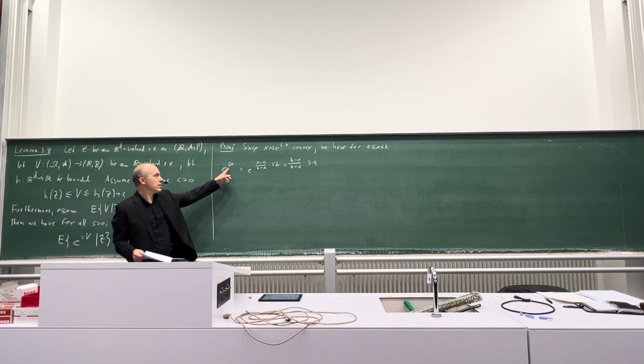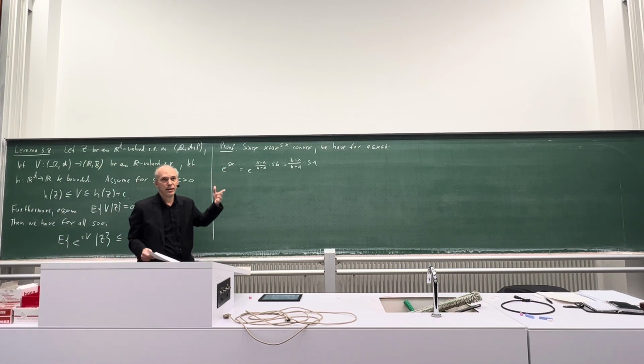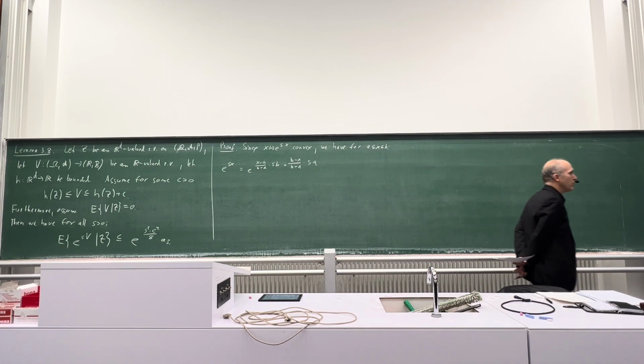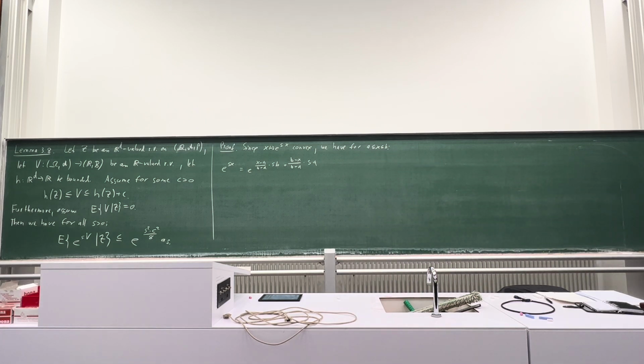So I have written this s times x in a complicated way as a convex combination, and then you know that for a convex function, the function value at some convex combination of the inputs is less than or equal to the convex combination of the function values at these two input points.